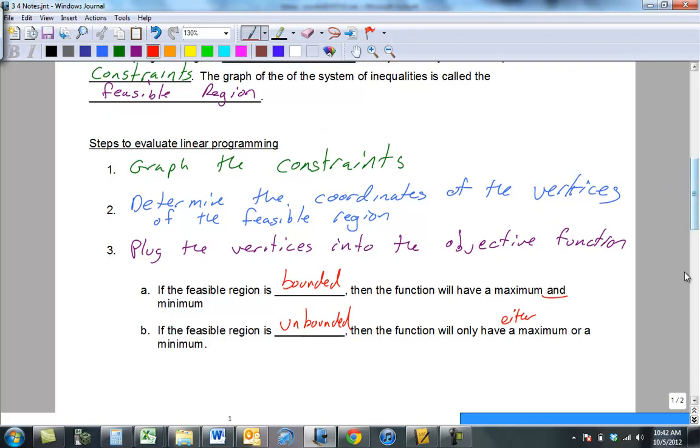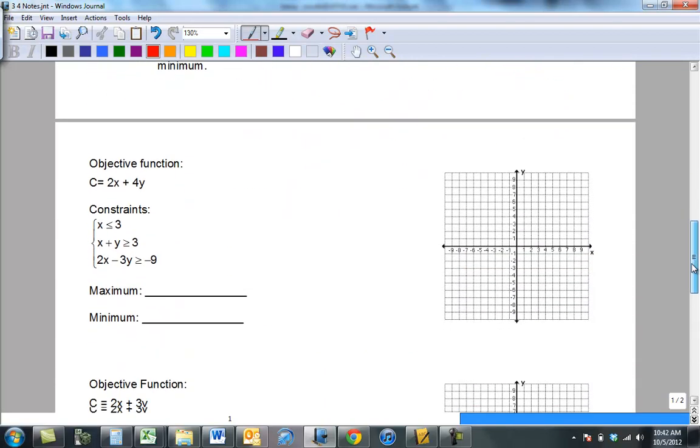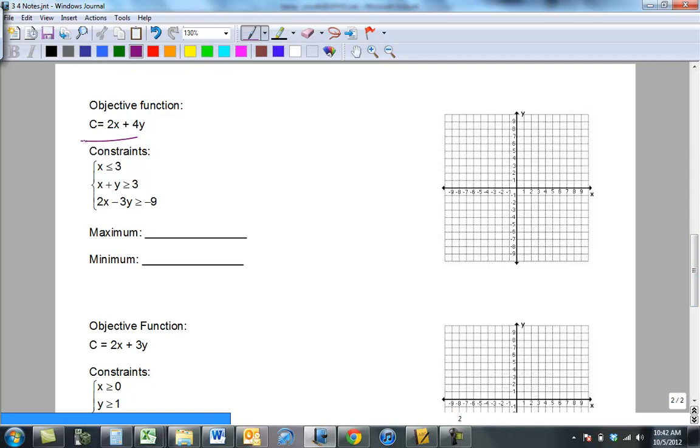Let's do one. All right, now if you recall, step one is graph the constraints. So step one here is we're going to graph these constraints. So go ahead and graph those. x is less than or equal to 3, and it's a solid line. Less than is to the left. So if you need to shade, go ahead, but I'm going to kind of keep track.